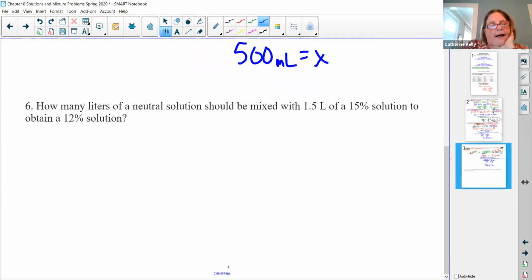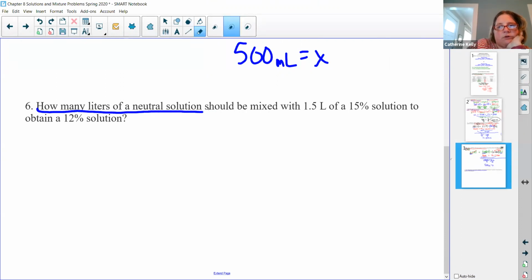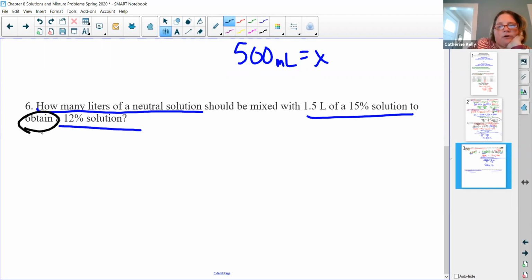So the last one, how many liters of a neutral solution will be mixed with 1.5 milliliters? So how many of neutral solution? I'm going to stop after the word solution. Should be mixed with this solution to obtain this solution. The word obtain or yield, in this case, it's still you obtain, it's equals.